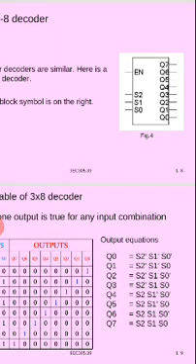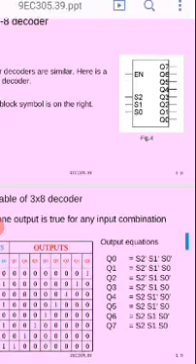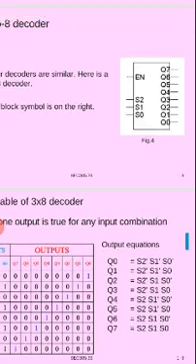If we consider the enable input also, it becomes 4 inputs. The outputs are Q7, Q6, Q5, Q4, Q3, Q2, Q1, Q0.